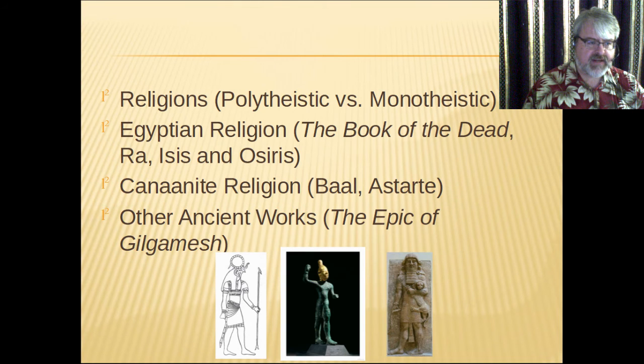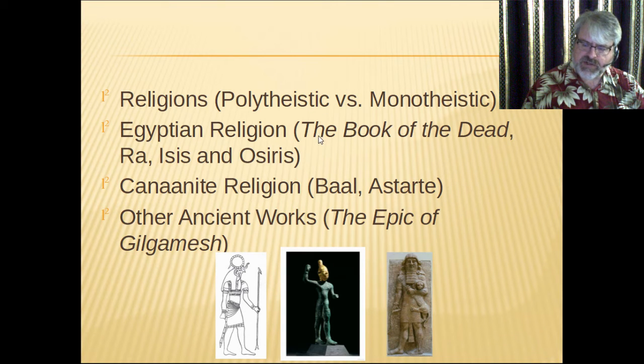All right, so let's talk about the religions. There are different religions included in the Bible. The Bible's theology is monotheistic, whereas the nations around them are polytheistic. Although we don't see them appear here, Ra and Isis and Osiris are over here.